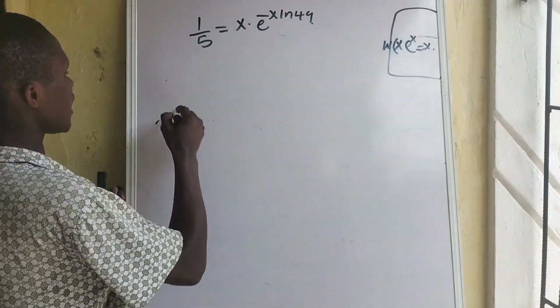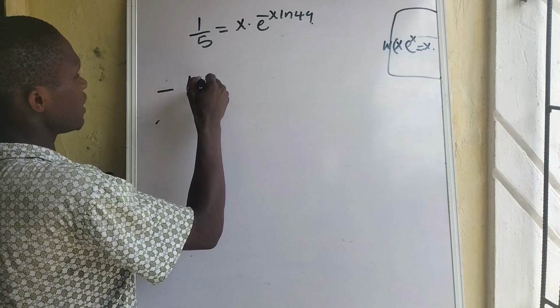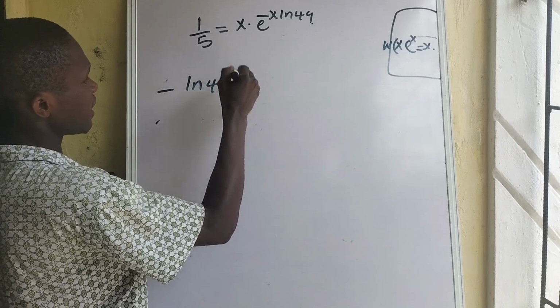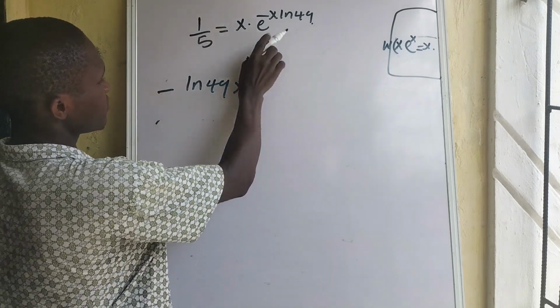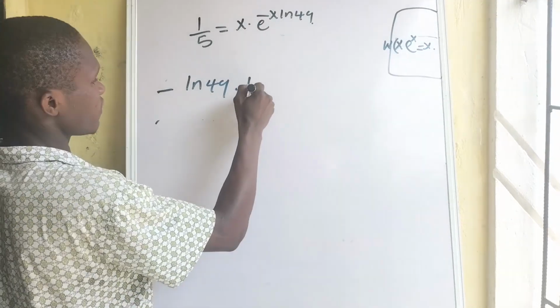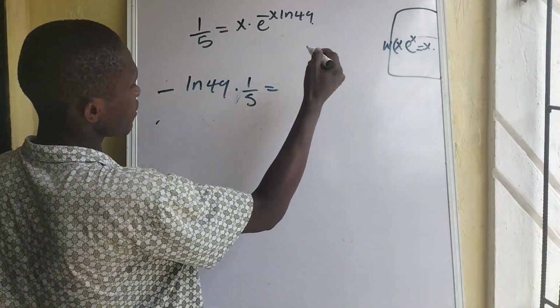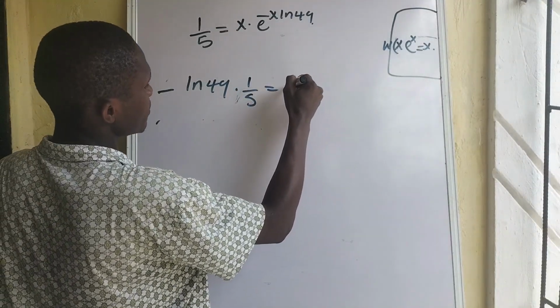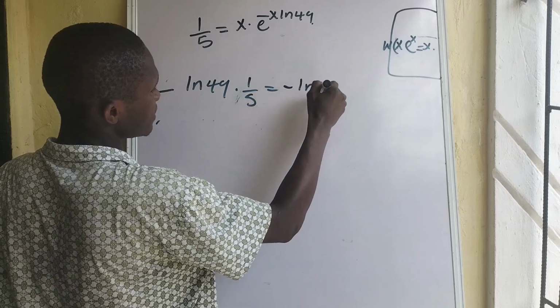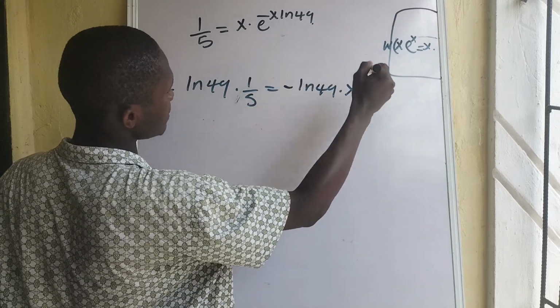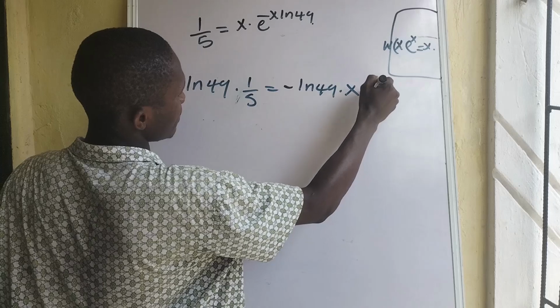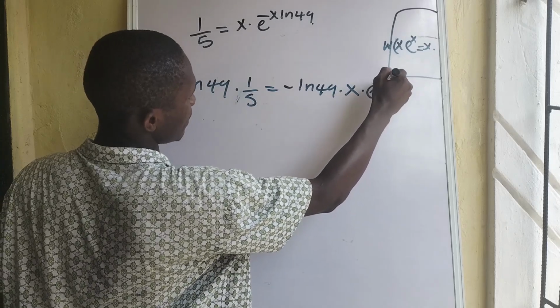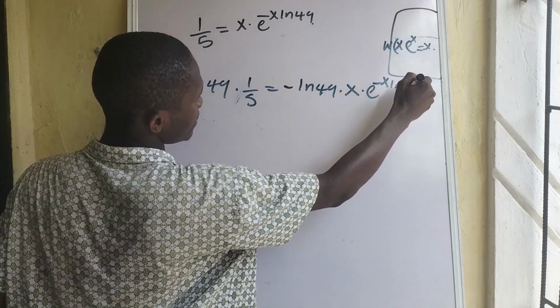So we have minus ln 49 times 1 over 5 equals minus ln 49 times x times exponential minus x ln 49.